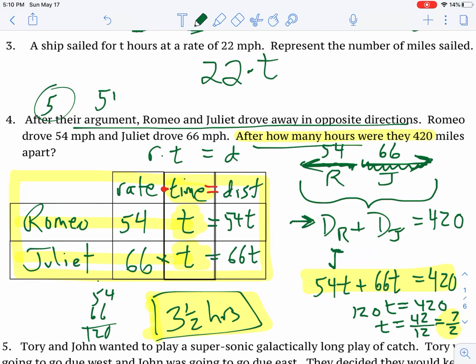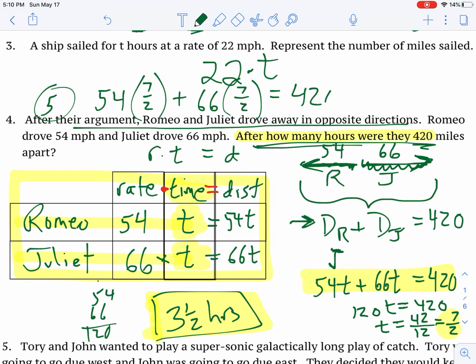So if Romeo drives 54 miles an hour for 3.5 hours, and Juliet drives 66 miles an hour for 3.5 hours, is that going to make them 420 miles apart? That's what I need to check. All right, so 54 divided by 2 is going to give me 27. 66 divided by 2 is going to give me 33.